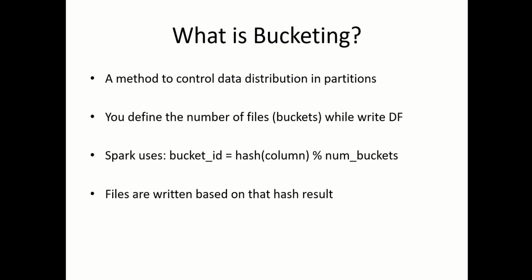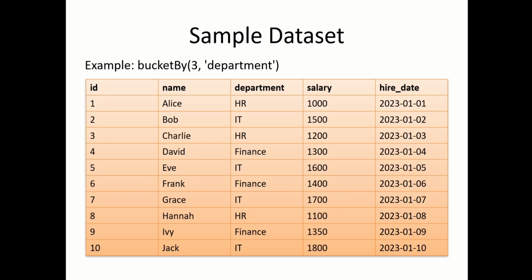You also have to specify how many buckets you want. Suppose you are mentioning 10. Then it will get the remainder, and it will put the data in that particular bucket. So files are written based on that hash result. The hash result will get created, and the data in the file will get divided according to that. We'll discuss more further.